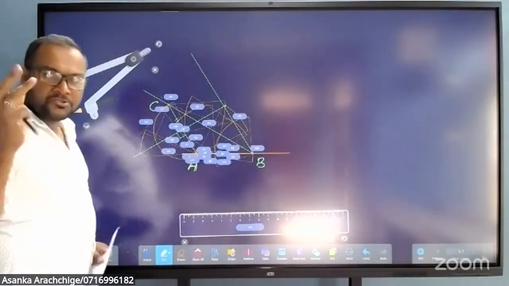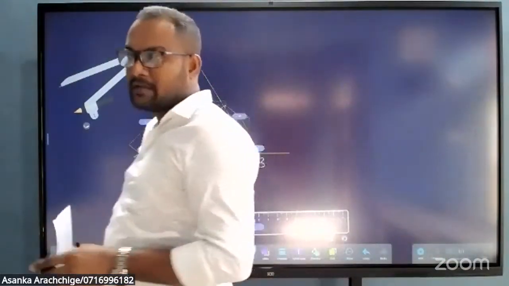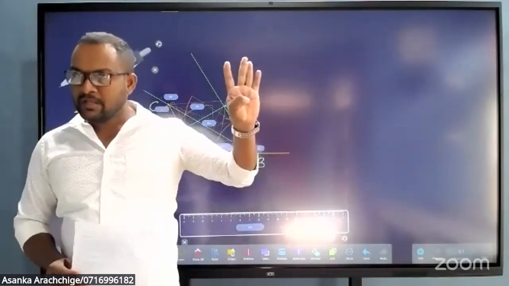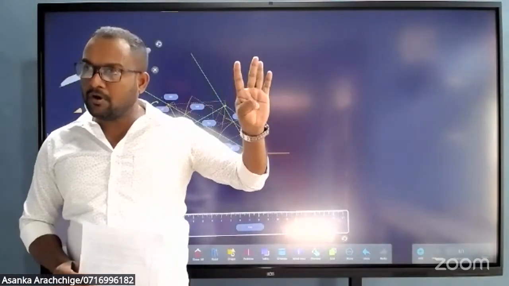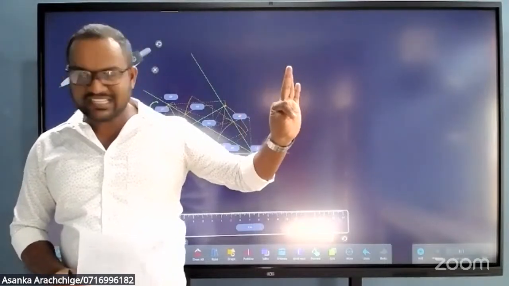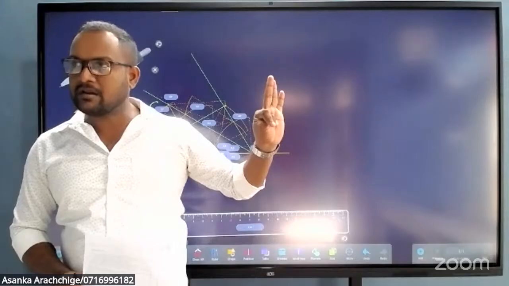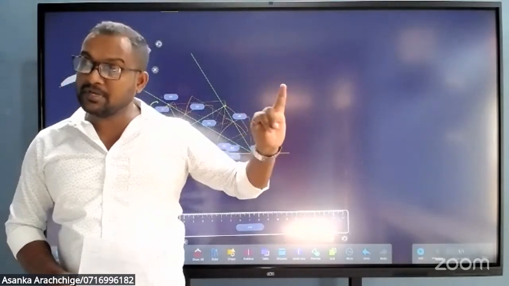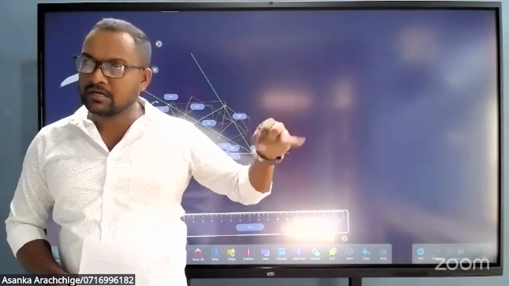We have 3 methods to construct parallel lines to a given line segment or line, right? We can use the alternate angles between parallel lines, or corresponding angles between parallel lines, or we can do it using the properties of a parallelogram or rhombus.